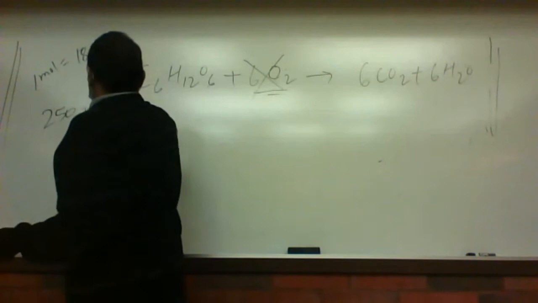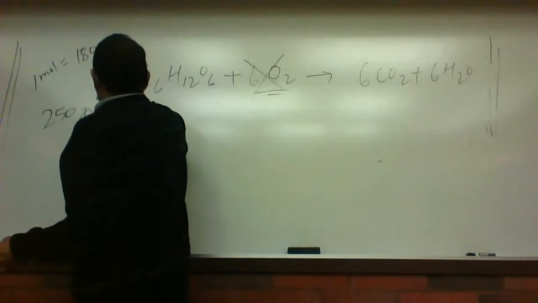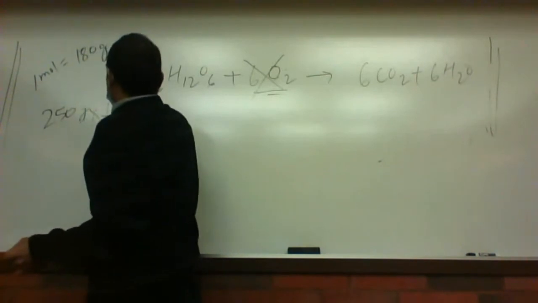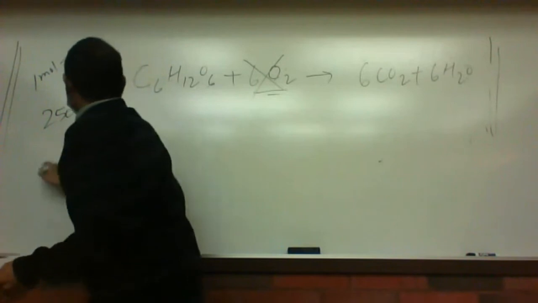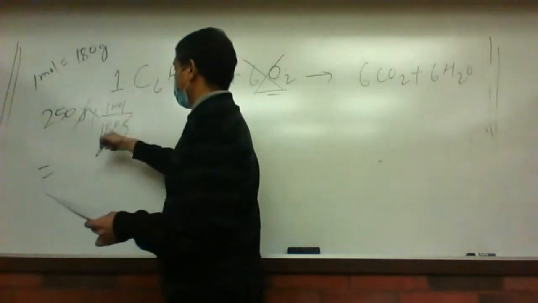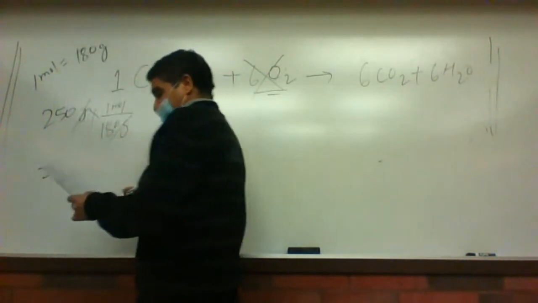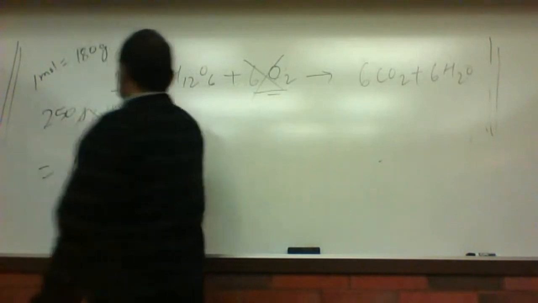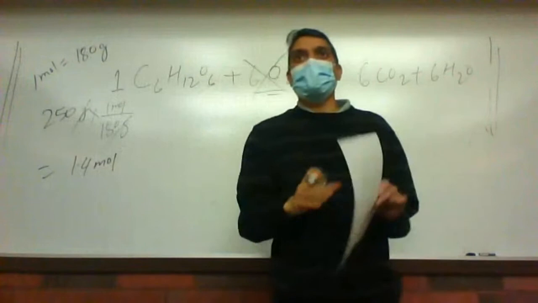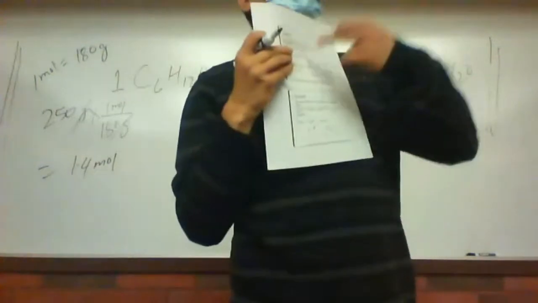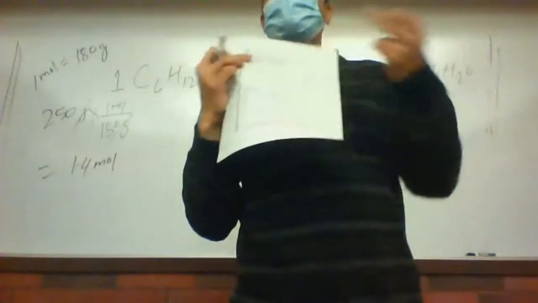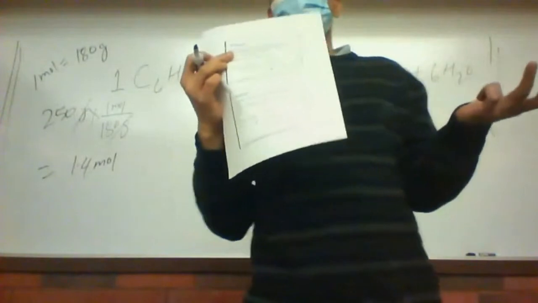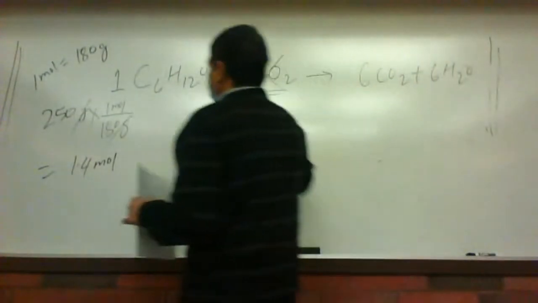I put this factor to get moles: mole up here and 180 gram down here. So gram cancels. I get 250 multiplied by 1 divided by 180, which gives you 1.4 moles of glucose. First of all, I converted the 250 into moles. Make sense? Easy.